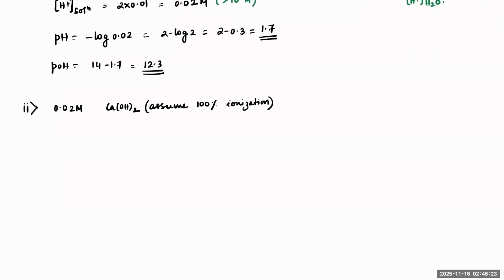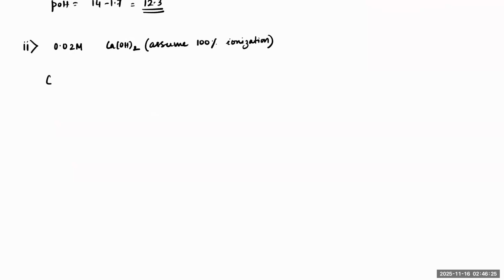In that case, calcium hydroxide will get completely ionized into calcium 2 plus ions plus 2 OH minus ions. If this is 0.02 molar, everything will be dissociated completely to form 0.02 molar calcium 2 plus and 2 times 0.02 molar OH minus ion concentration.